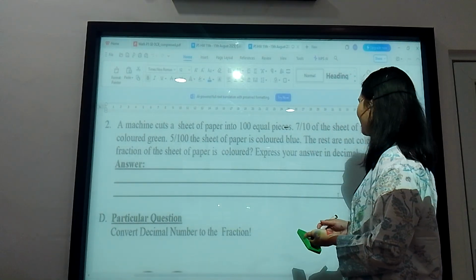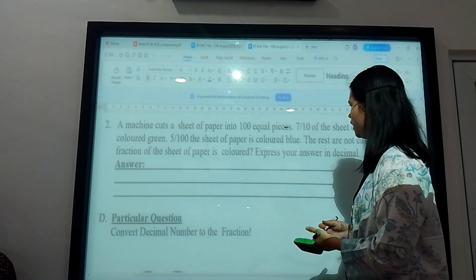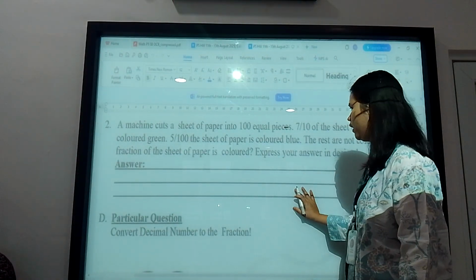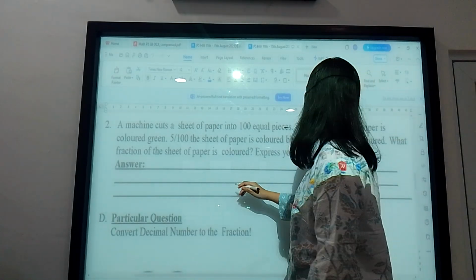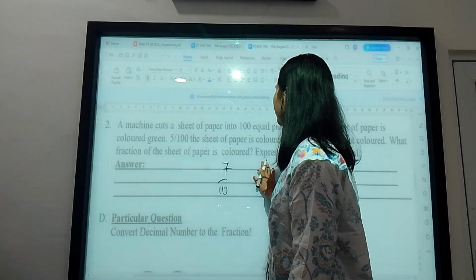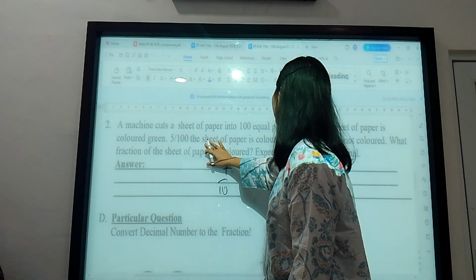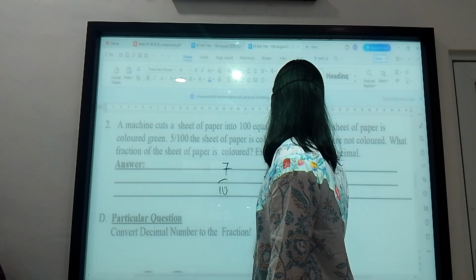The rest are not colored. What fraction of the sheet of paper is colored? So the sheet of paper is 100. And then the sheet of paper that is colored green, it's 7 out of 10. And then the paper colored blue is 5 out of 100.